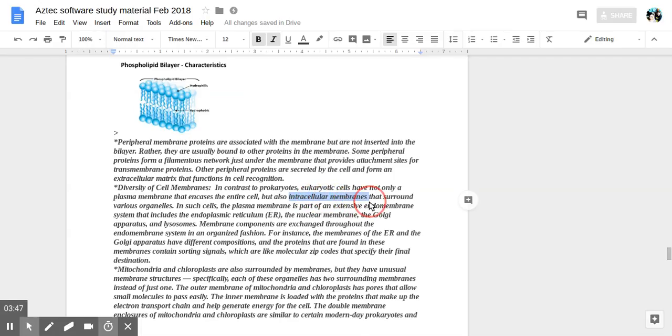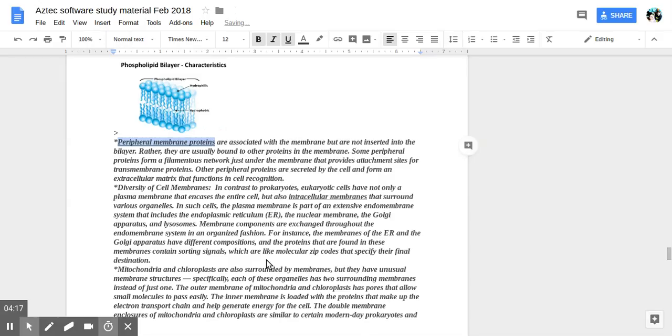Inside cells, the plasma membrane is part of an extensive endomembrane system that includes the endoplasmic reticulum, the nuclear membrane, the Golgi apparatus, and others, organized in an orderly fashion.